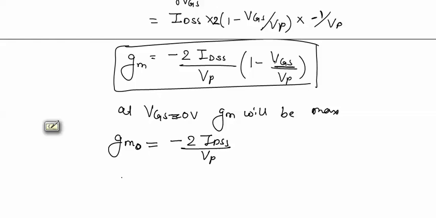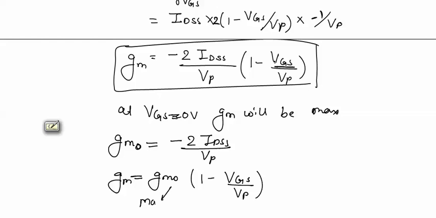So now I can write transconductance GM equal to GMO into 1 minus VGS upon VP, where GMO is the maximum transconductance.